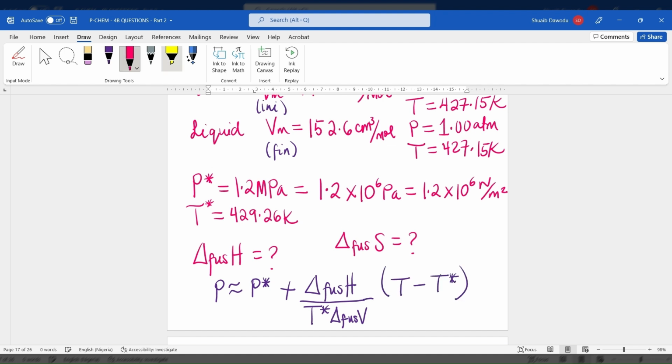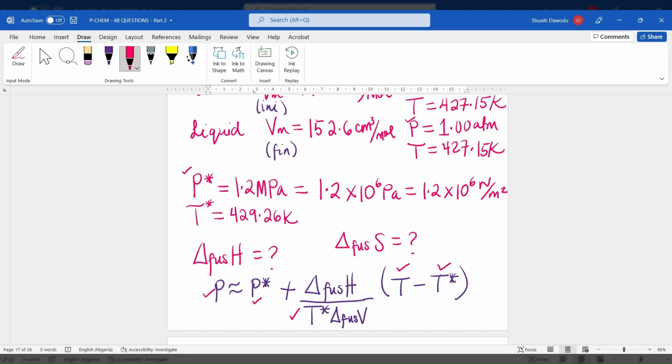From this, we can see that we have regular P, which is 1 atm, and P star, which is 1.2 megapascal. We have T star, which is 429.26 Kelvin, and regular T, which is 427.15 Kelvin.